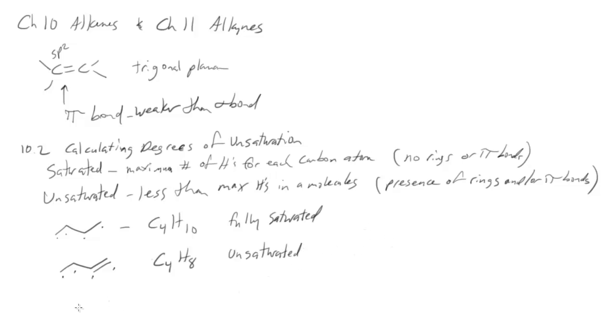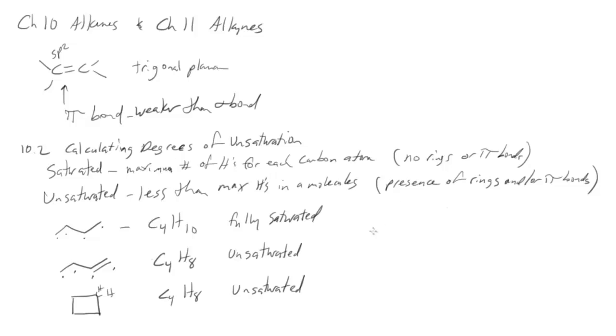Let's do the same thing with the ring and see what that does. So now I have my C4 in a ring. C4, and in each vertex I have 2 hydrogens. So 2, 4, 6, 8. C4H8, that's also unsaturated.